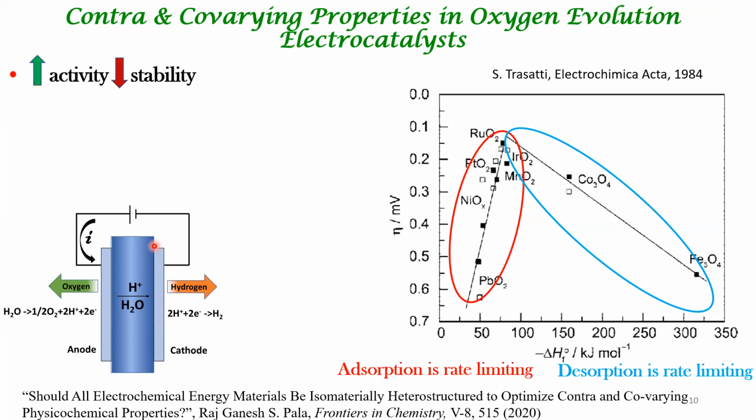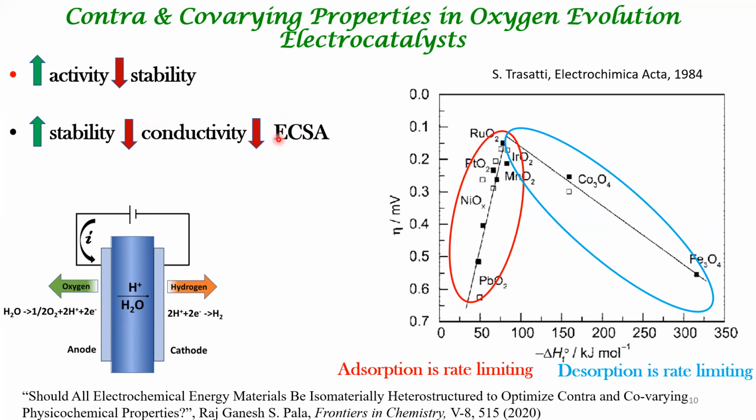So again, we can identify contra and covarying properties. Typically, materials that are very active are less stable. If you try to improve activity, they become less stable. If you improve the stability, conductivity of the material decreases, the electrochemical surface area decreases.